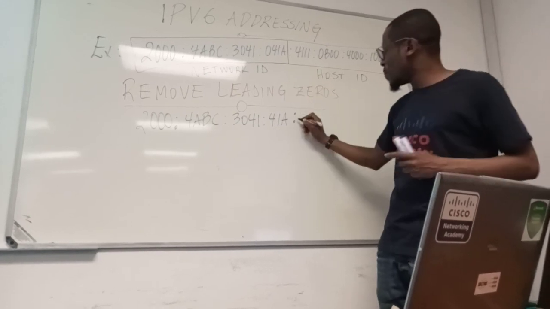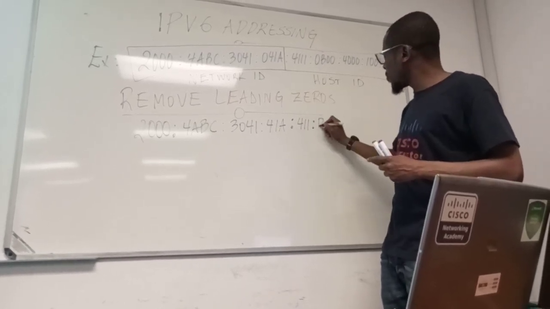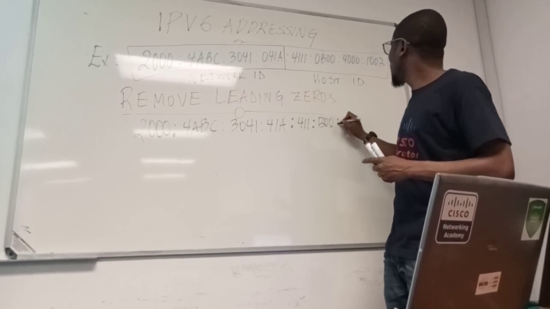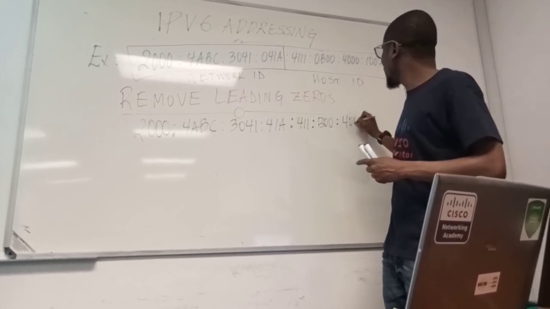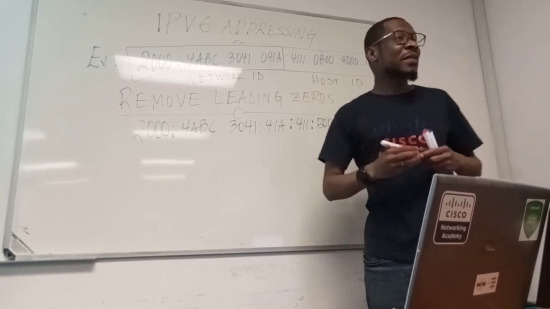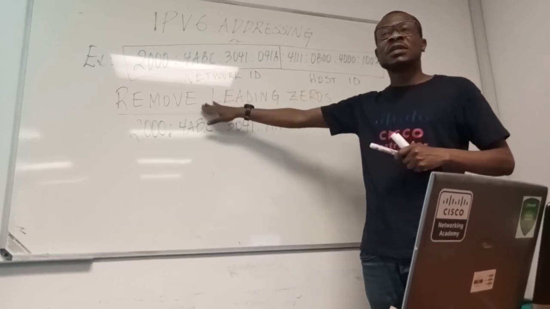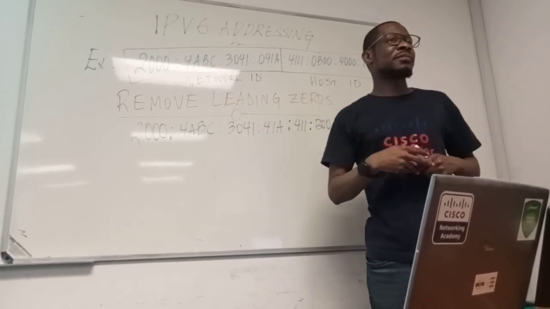This one too, you keep it. This one has a 0, you can remove it. This one is still the same, and this one too is still the same. So this is how to remove the leading zeros.